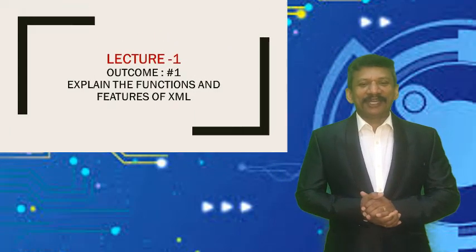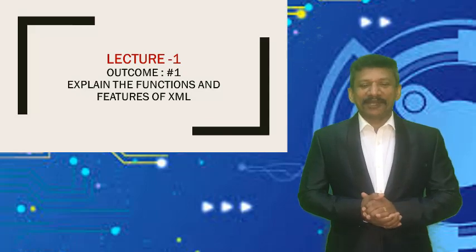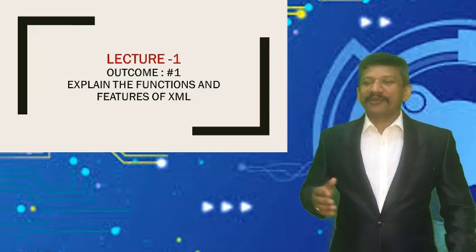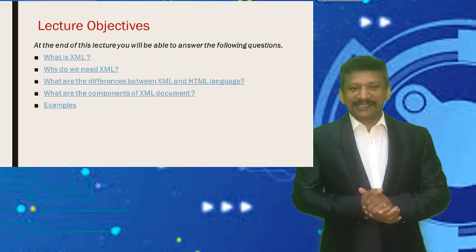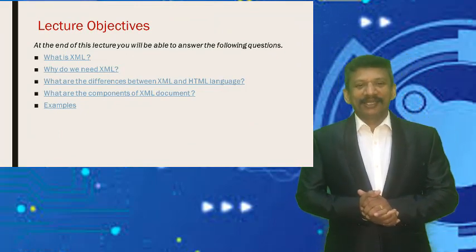Welcome again. Here is the outcome that we are going to learn today, which explains the functions and the features of XML. In detail, here is the list of the things for today. Number one, we will see what XML is.